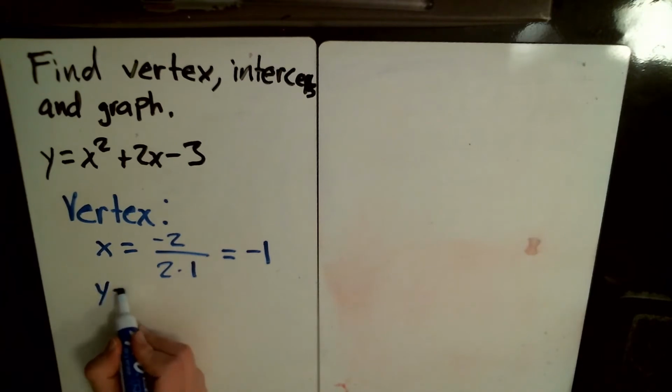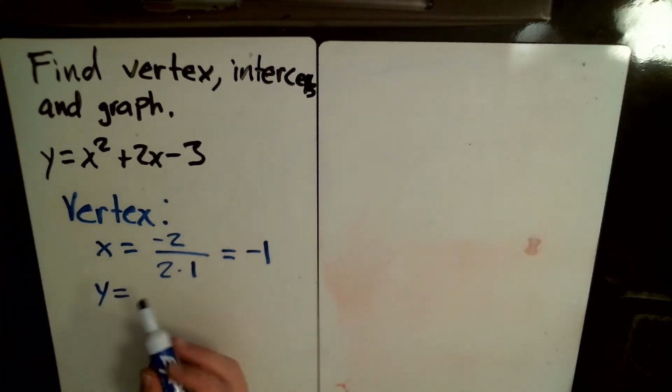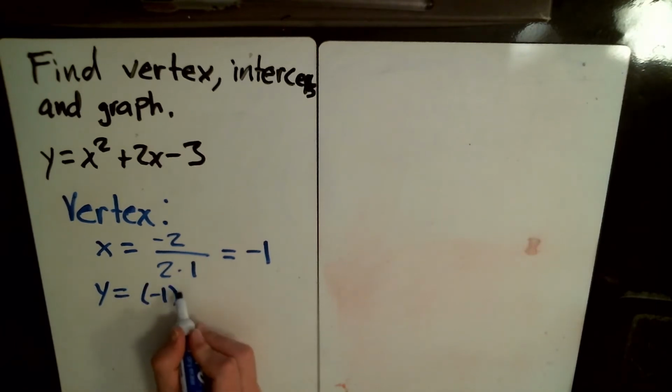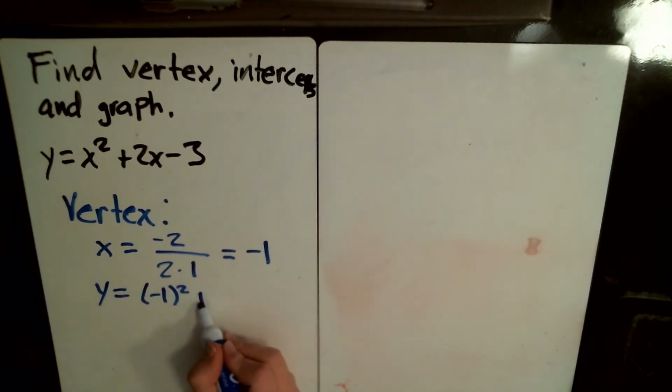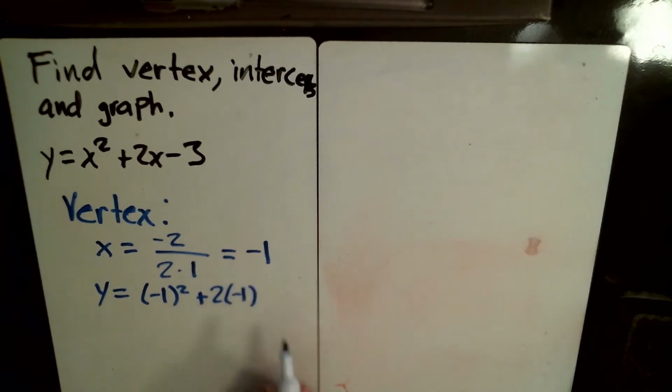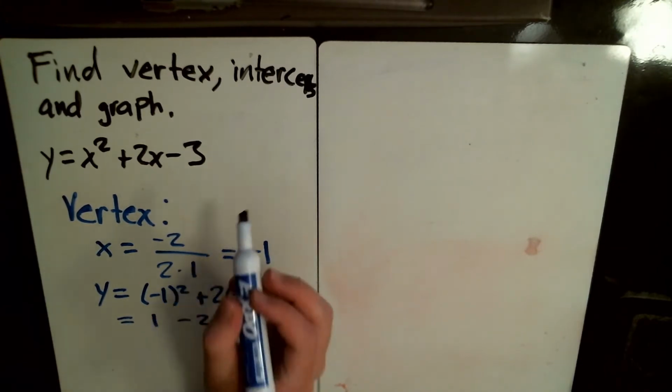How do I get the y value? Well, we just plug that x value back into the original equation to figure out what it is. Okay. So we get 1 minus 2 minus 3. So 1 minus 2 is negative 1, minus 3 is negative 4.